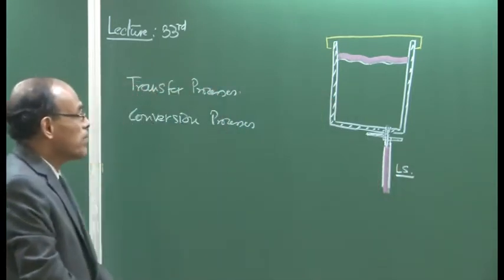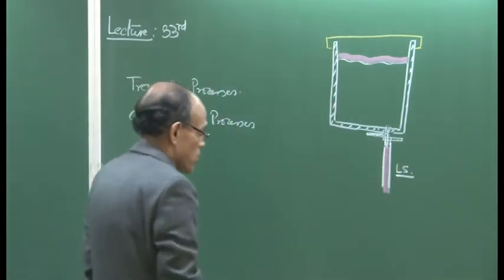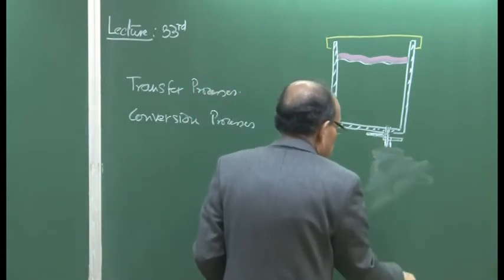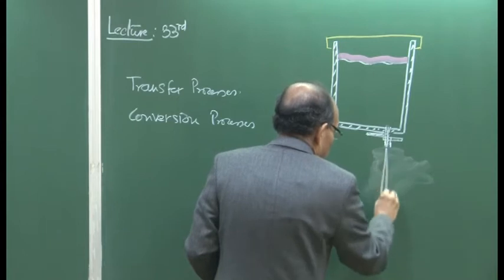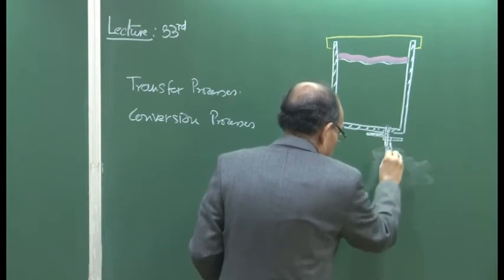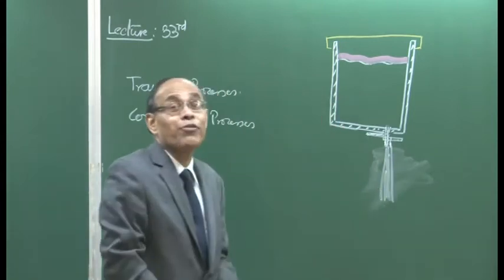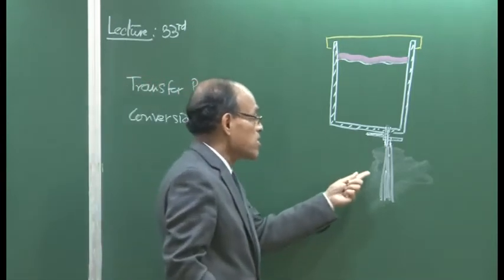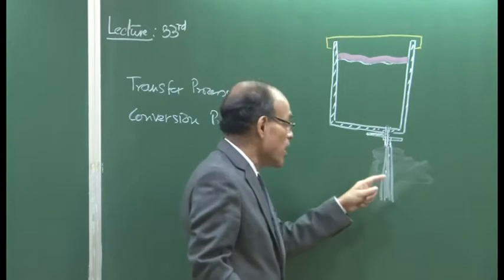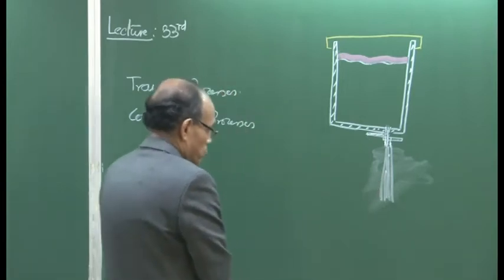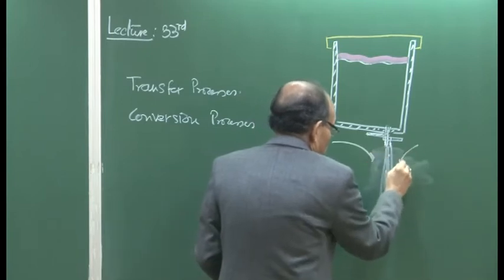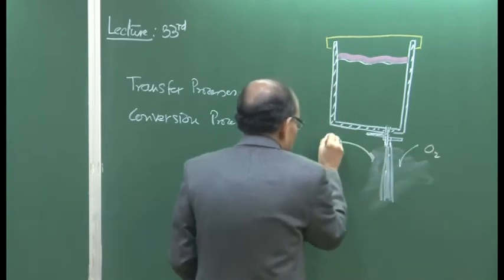And the basic objective is that if you do not have this ladle shroud, in that case what is going to happen, the molten metal will flow like an open jet. This is called a free jet in fluid mechanics literature, and this is susceptible to huge temperature loss as well as reoxidation due to the entrainment of surrounding oxygen from the atmosphere.